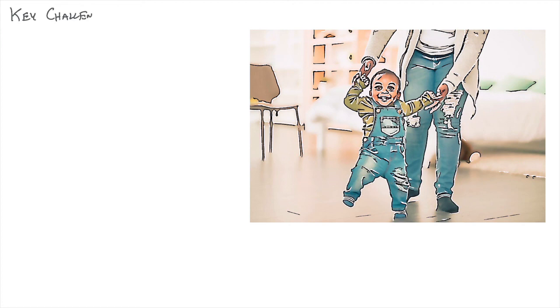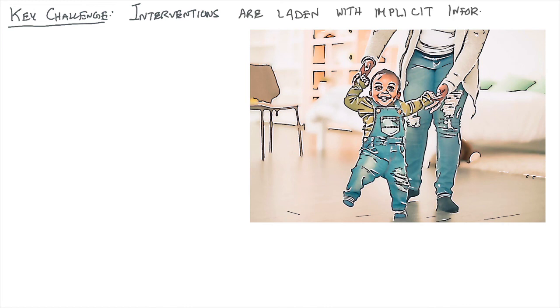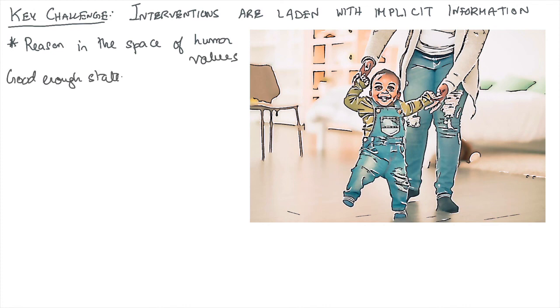This brings us to the end of the lecture. Let's recap the key challenge we tackled. That interventions are laden with implicit information. To exploit this information, one must reason in the space of human values. We learned that we can think about this problem as a clustering of 2 states.